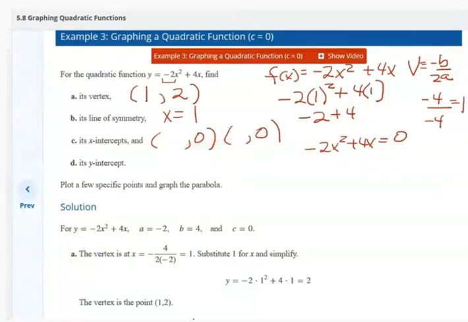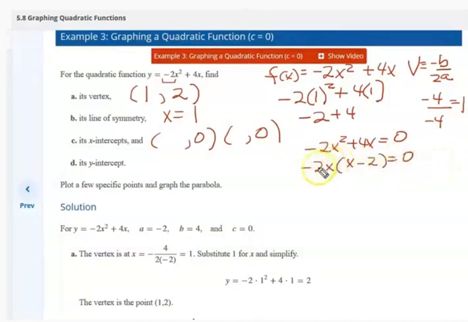So using a technique from an earlier lesson, we can factor out a negative 2x out of here, and this then becomes x minus 2 equals 0.